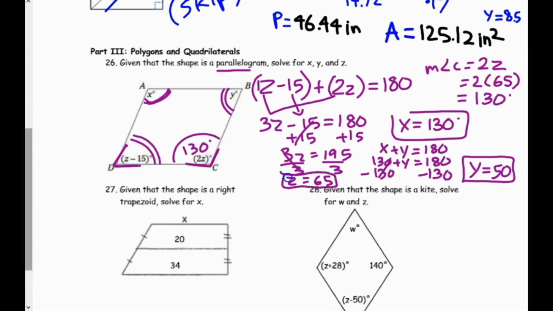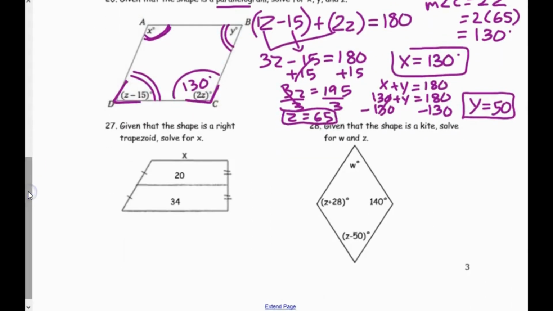All right. A couple more. Given that the shape is a right trapezoid, solve for X. Now we got to remember the rule for this. When we have this mid-segment from midpoint to midpoint, I know it's a midpoint because of that and because of that, right? This mid-segment is the average of these two sides, okay?